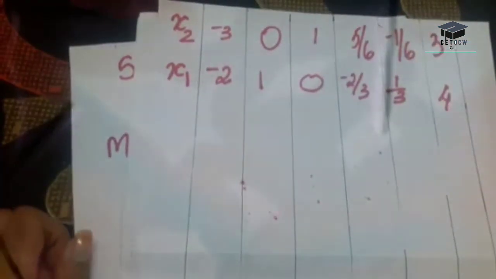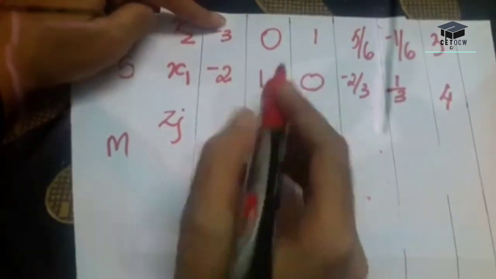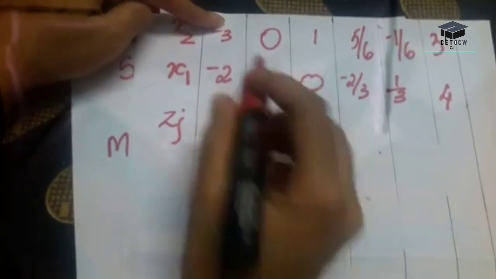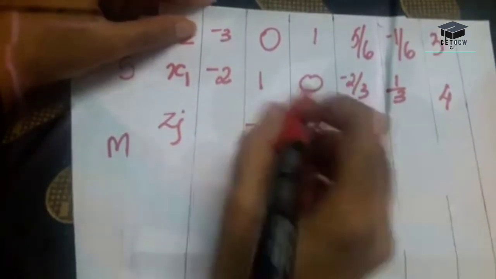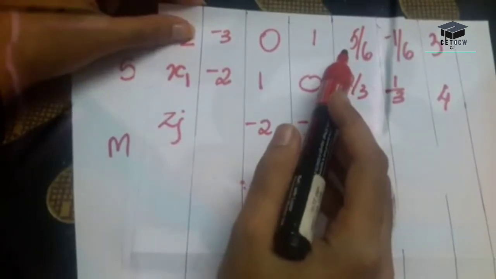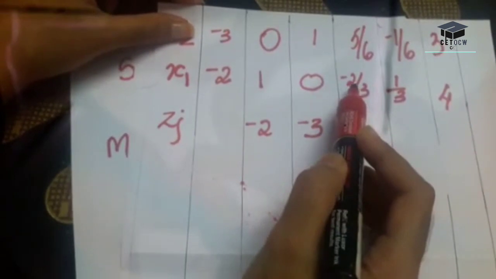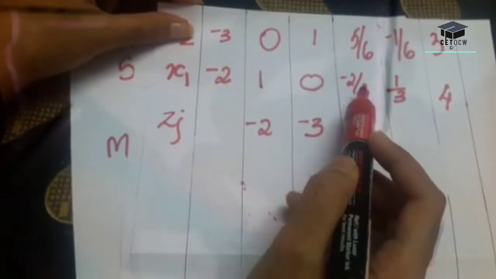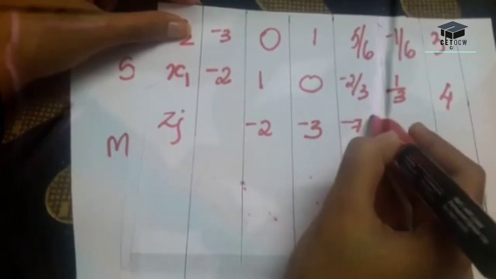Now we go to our same method of finding the zj value. Minus 3 into 0 plus minus 2 into 1 will give minus 2 itself. Minus 3 into 1 plus minus 2 into 0 will give minus 3. Then minus 3 into 5 by 6 plus minus 2 into minus 2 by 3 will give you minus 7 by 6.